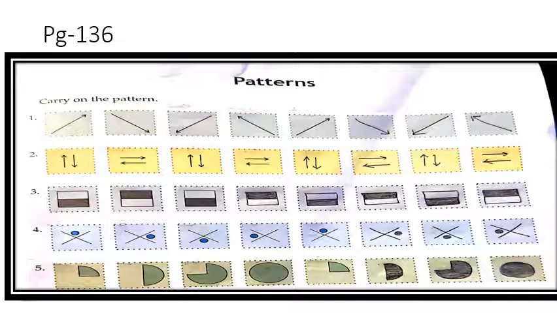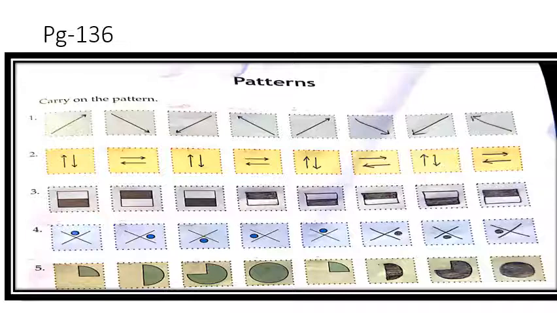Now children, next part, fourth. Here you will see two intersecting lines and there is a small circle. So children, you will notice that this circle is moving clockwise. Okay, look at the first box.